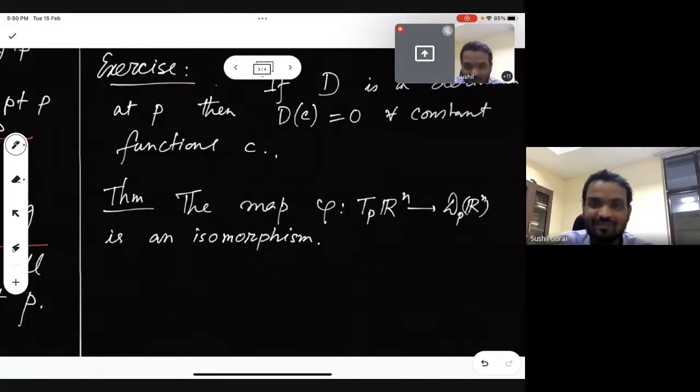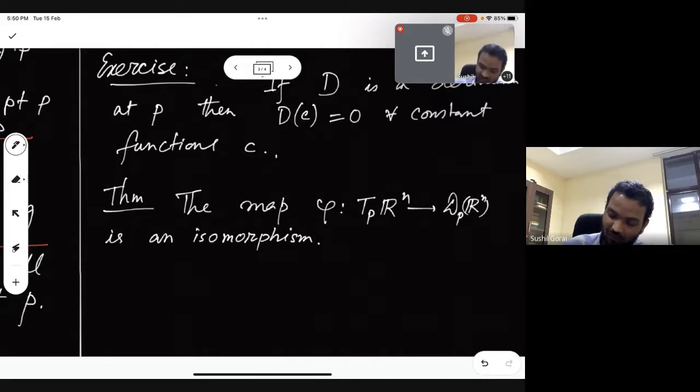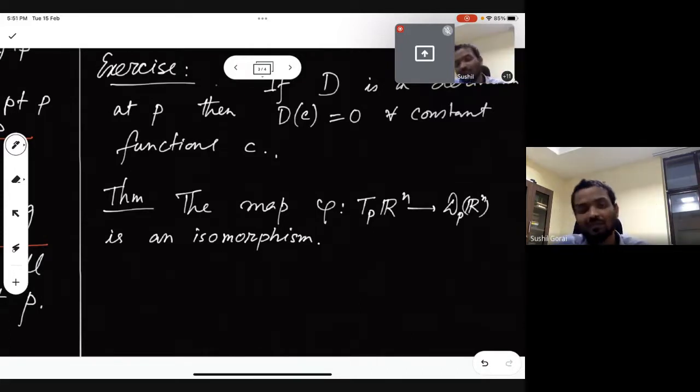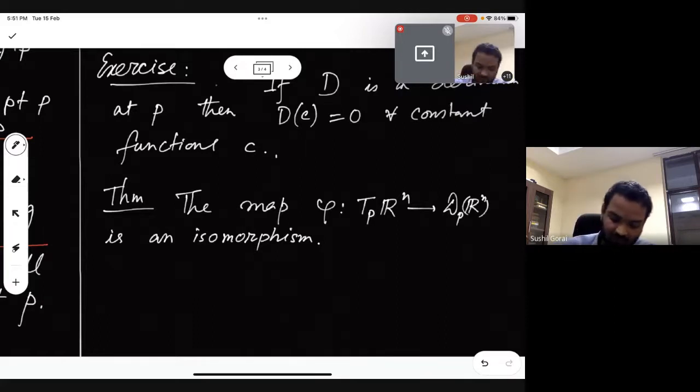We are going towards that. For that we need the notion of tangent space. In Rn, the notion of tangent space is very clear, the collection of all vectors. So it gives you Rn again. But for a manifold, we do not know, so we want to define it. So this theorem gives you an isomorphism between Tp(Rn) and Dp(Rn).